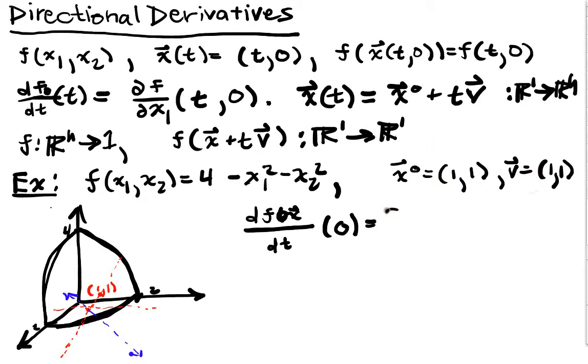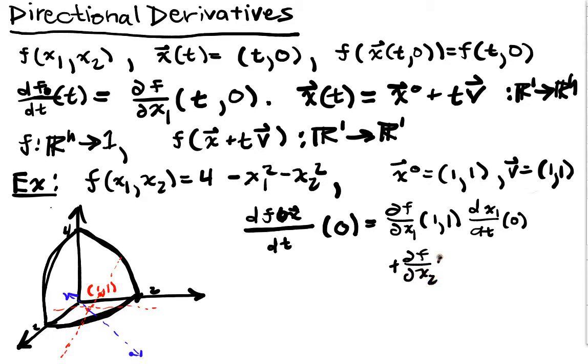Well, that's equal to df/dx1 of (1, 1) times the derivative of the first coordinate, dx1/dt of 0, plus df/dx2 of (1, 1) times dx2/dt of 0.